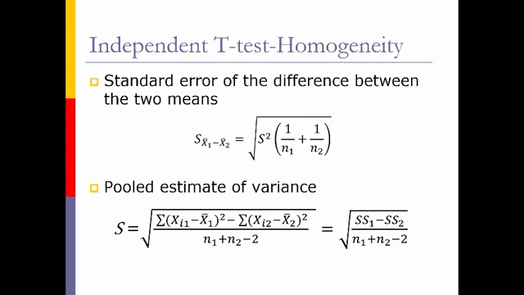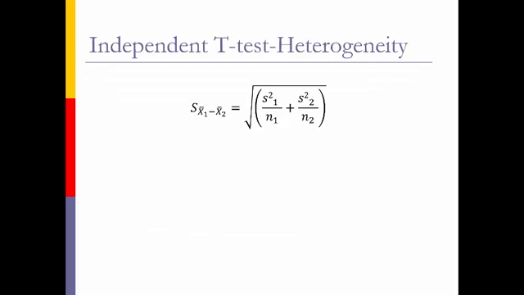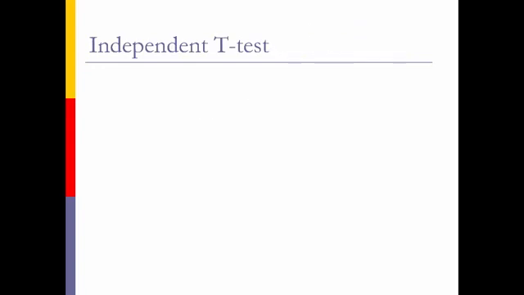If you have homogeneous variances, these are the equations SPSS will use. If you have heterogeneous variances, we're going to change up the equation just ever so slightly. But again, you don't need to know those equations. Just wanted to let you know why there was a difference.